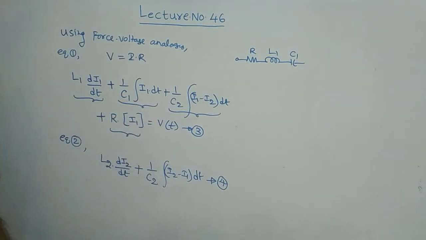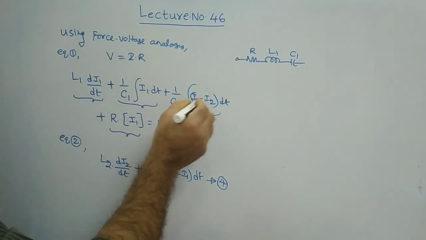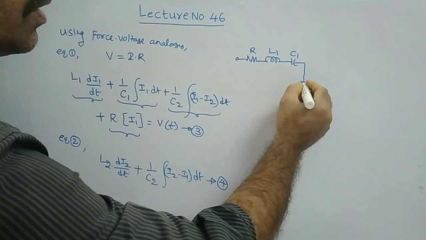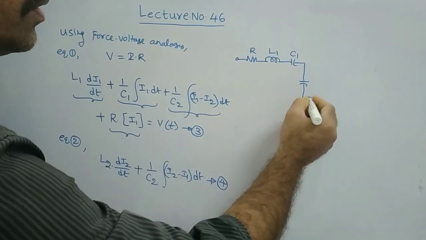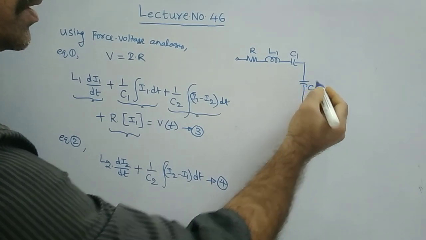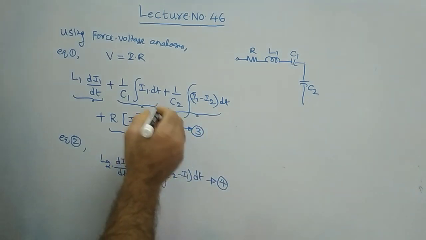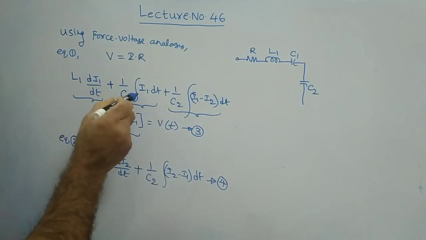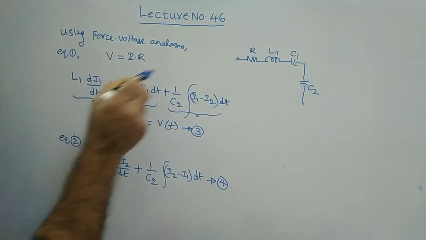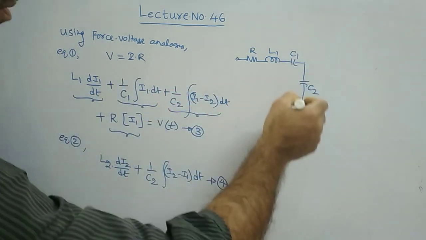What is the common element then? 1 by C2 is the common element, so you will have C2 here. Clear? This is RLC, and the common element comes like this.